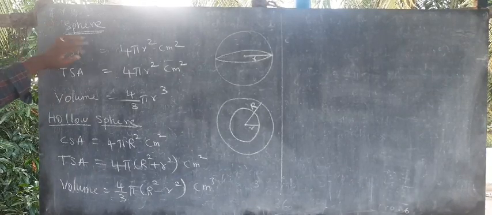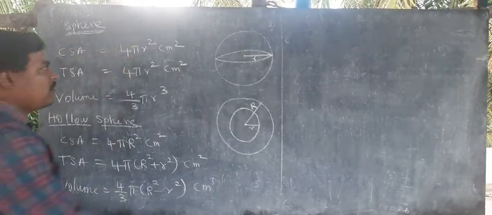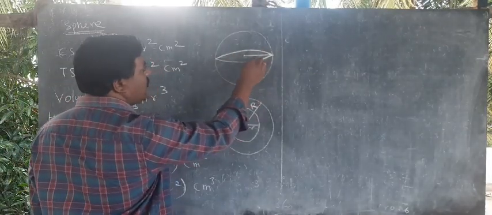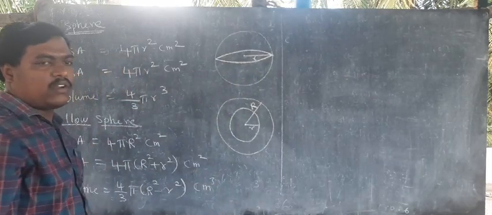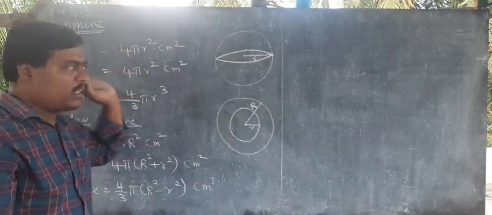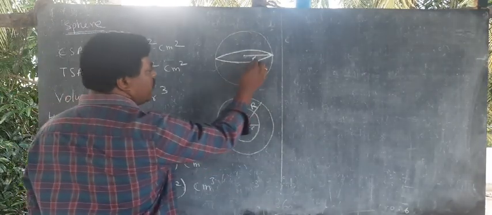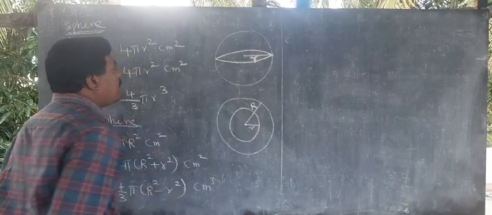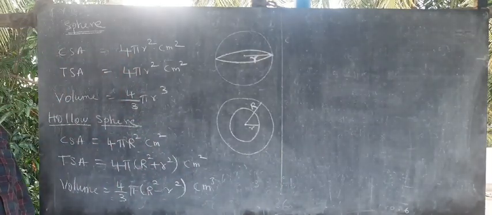CSA of a sphere is 4 pi r square, because a sphere is like a ball, a cricket ball, a circular shape. These types of structures are called spheres. Here we have only one thing, a radius r. So 4 pi r square.